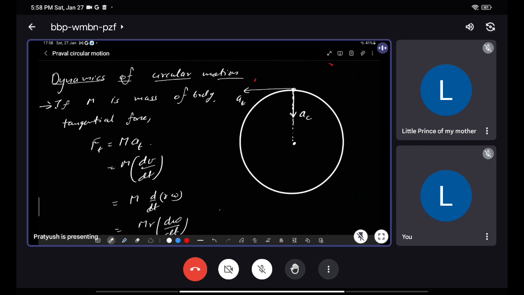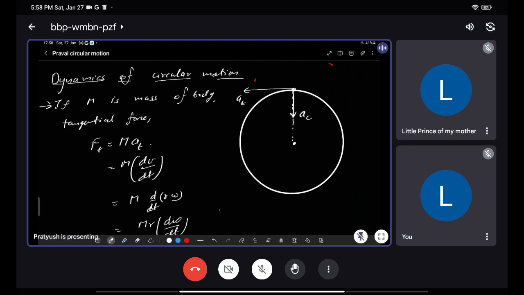If m is the mass of a body, then mass multiplied by acceleration will give us force. So we will have tangential force.